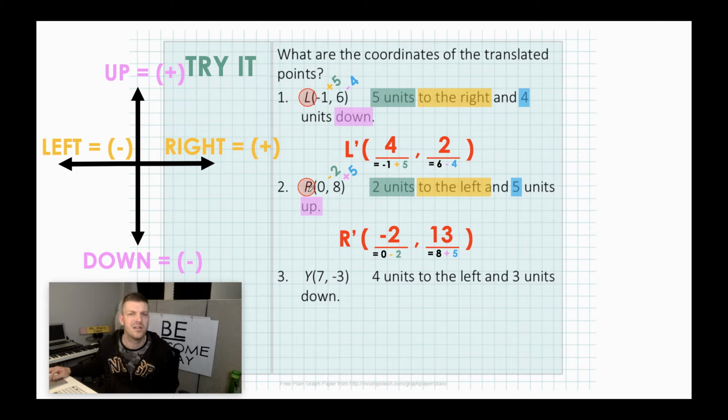So our pre-image was at 0 and positive 8, and our R prime, our image, is at negative 2 and positive 13. Whoopsies, go off the map here. That is after its translation.